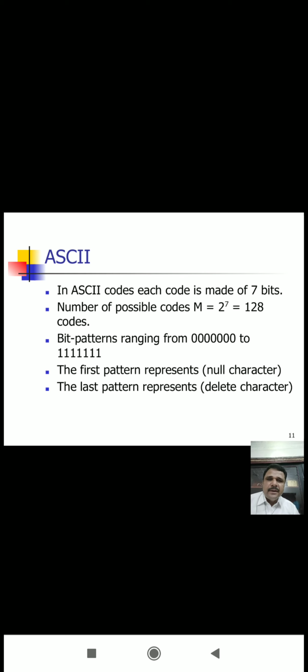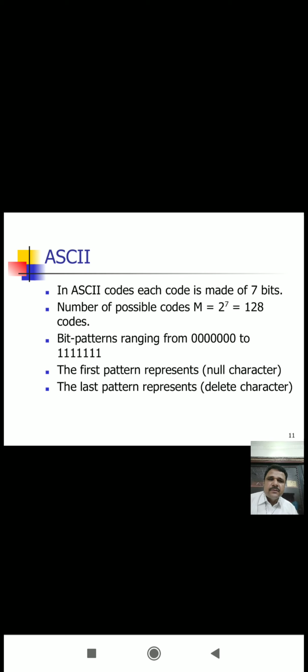So, the bit patterns will be ranging from all 7 zeros to all 7 ones, means from all bits off to all bits on.